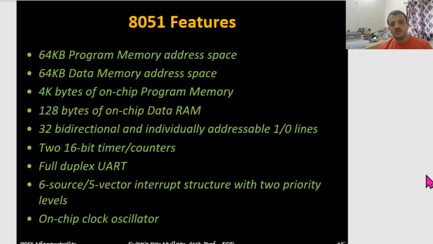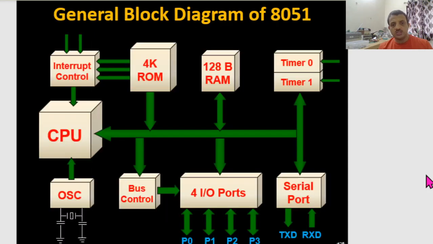To summarize, the features and architecture of the 8051 microcontroller help us understand the memory space of the internal RAM. Next we will cover more about the internal RAM, how exactly the structure of these registers is put up in the RAM. So that's all about the architecture of the 8051 microcontroller.